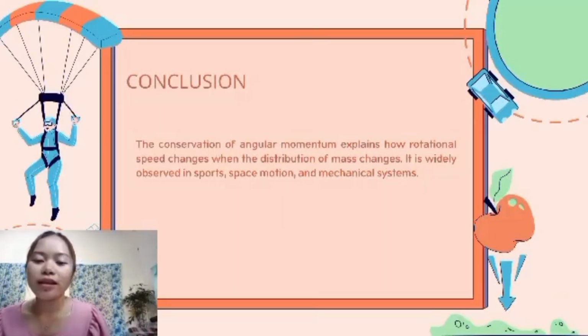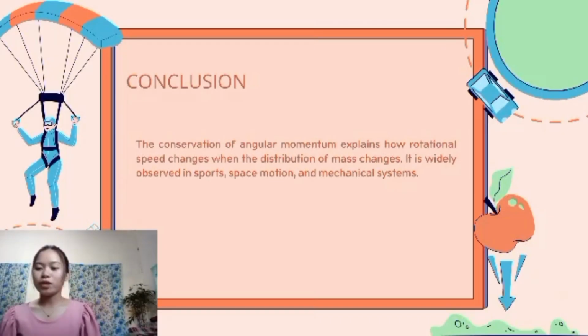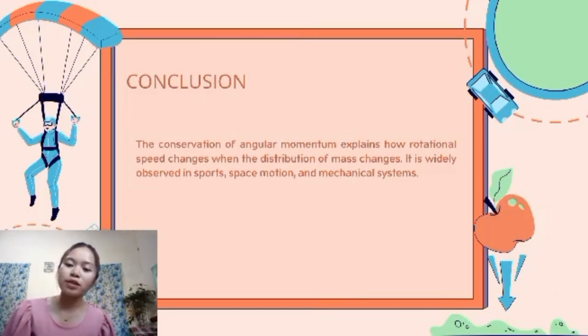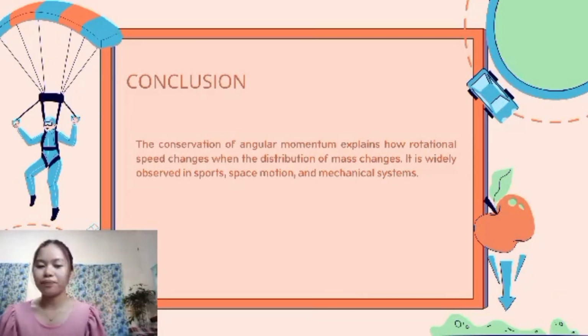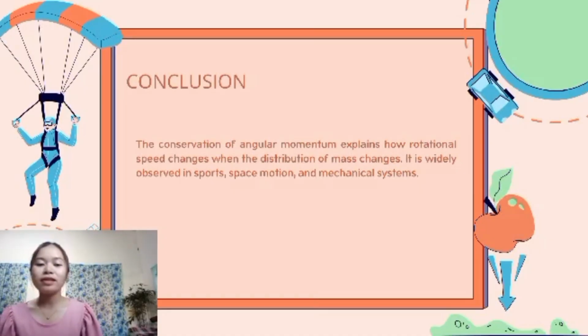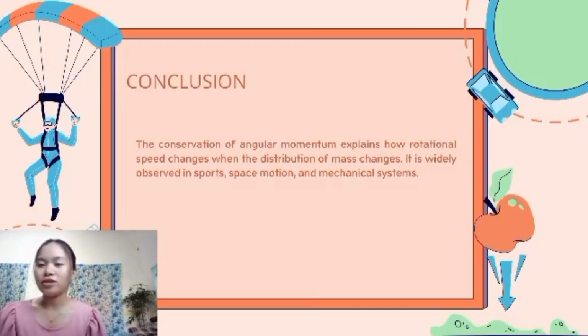To conclude, the conservation of angular momentum explains how rotational speed changes when the distribution of mass changes. It is widely observed in sports, space motion, and mechanical systems. Another explanation to better understand the meaning of conservation of angular momentum is that the total initial angular momentum equals the total final angular momentum for a system with no net external torque.